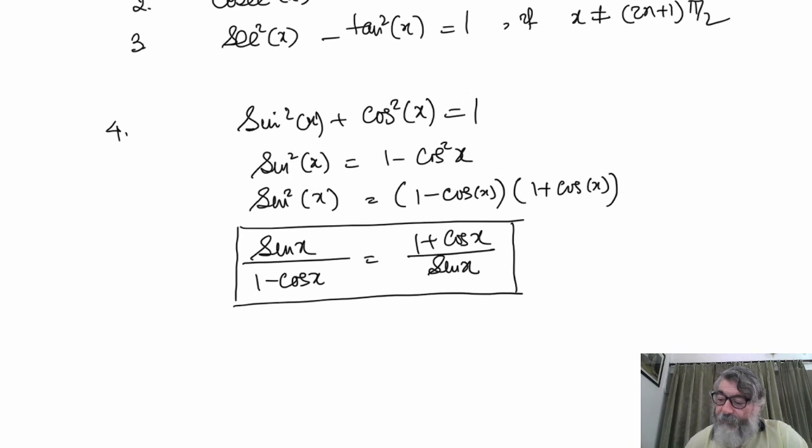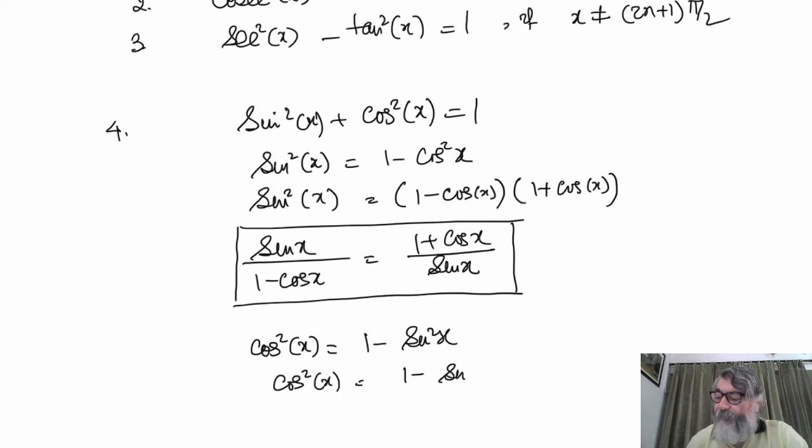Similarly, cos square x could also be written as 1 minus sin square x, or cos square x can always be written as 1 minus sin x and 1 plus sin x.